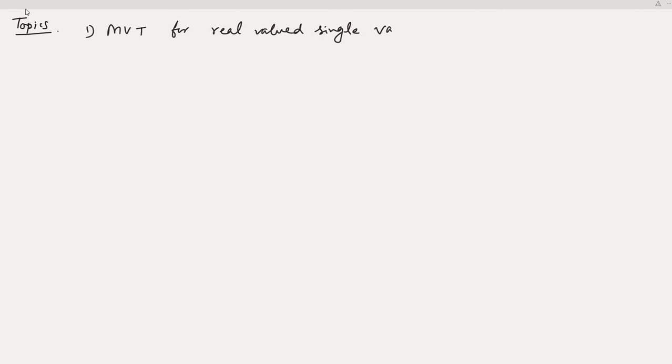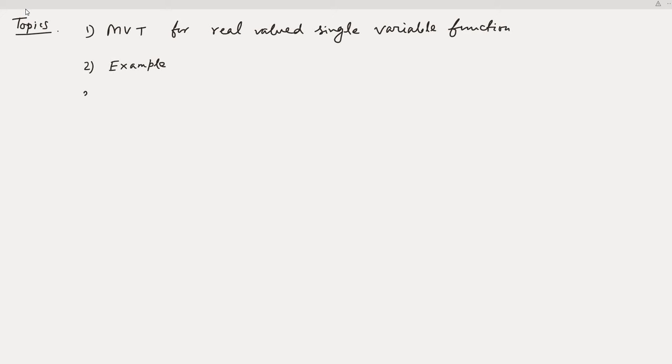Then we give an example, to show that the mean value theorem for real valued single variable functions is not true for vector valued several variable functions.